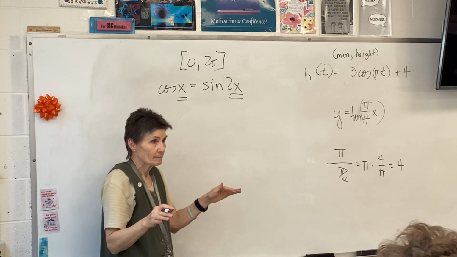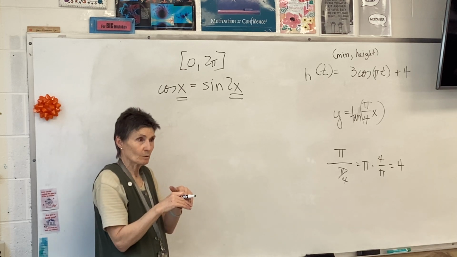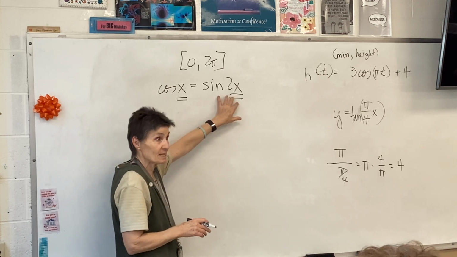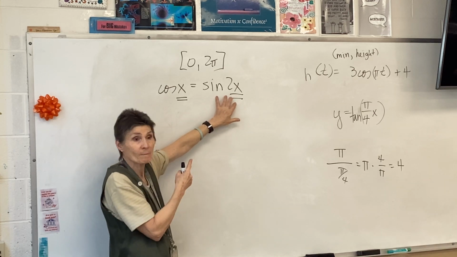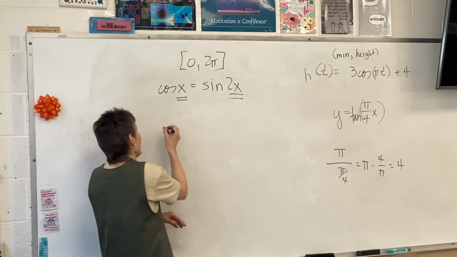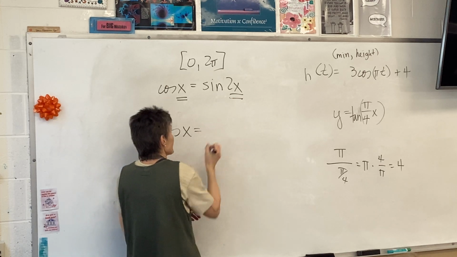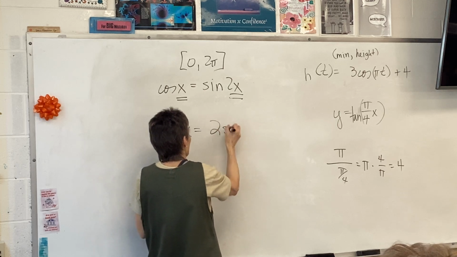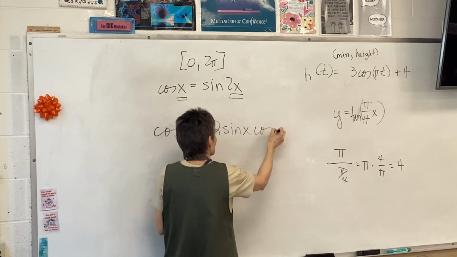So what are we gonna do? The only thing we can do is change this, because we have a formula for that. What is the identity for sine 2x? 2 sine cosine.